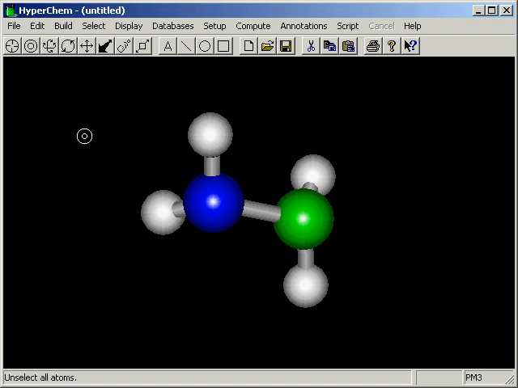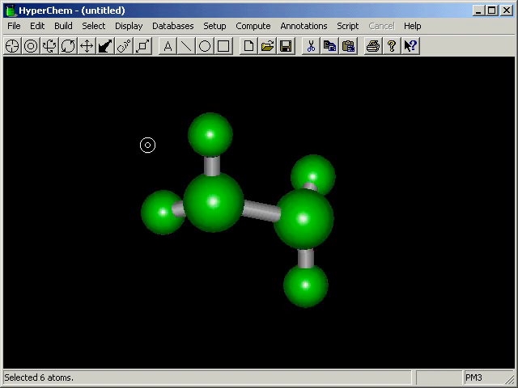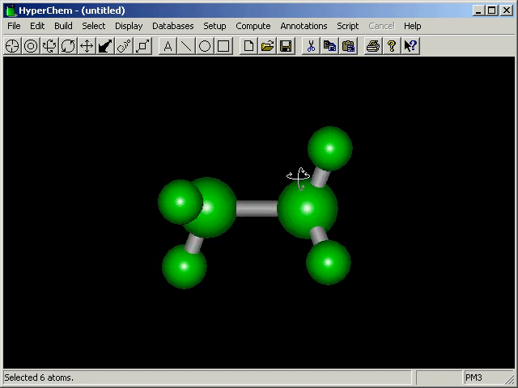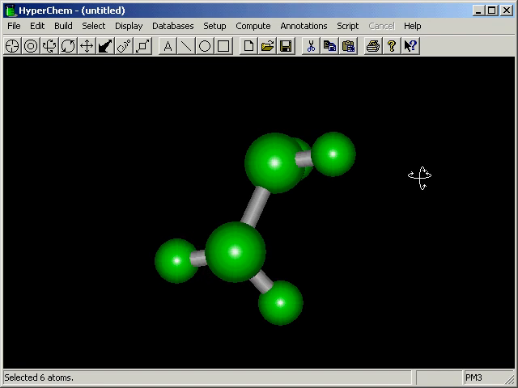However, there is a way to move the actual molecule. If you select the whole molecule, and when you rotate, instead of with the left button, we rotate with the right button, what one is actually doing now is moving the molecule.